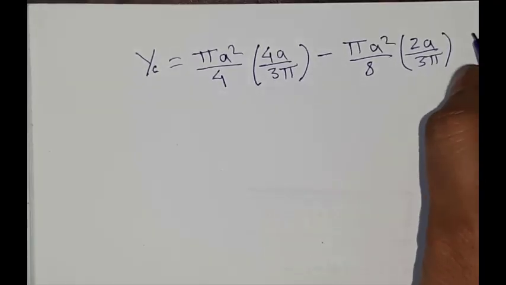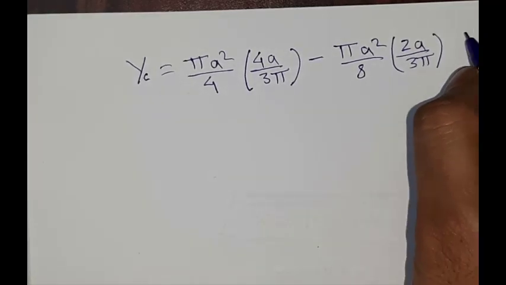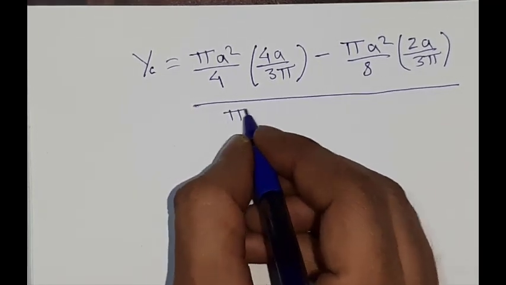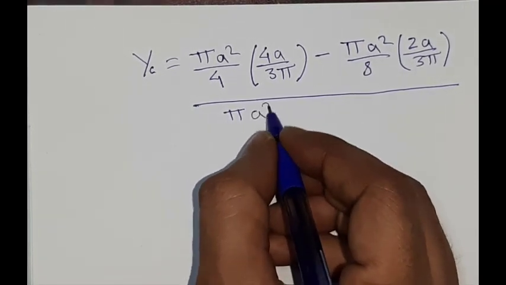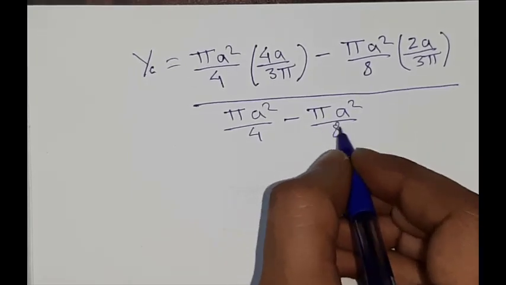Here 0.5 into 4 gives 2a divided by 3 pi. The whole is divided by a1 minus a2, that is pi a square by 4 minus pi a square by 8.